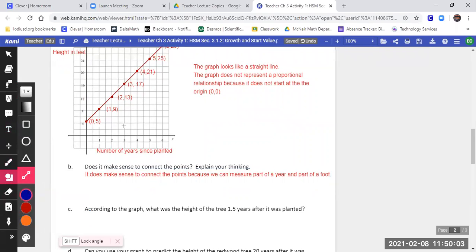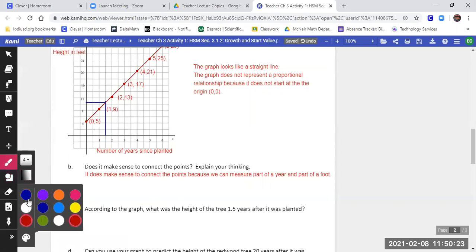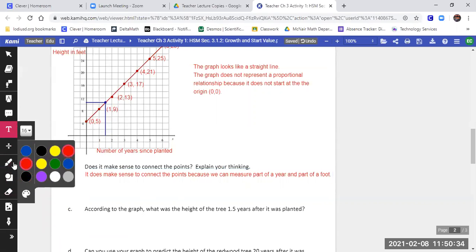I'm going to make it a blue line because I'm going to go 1.5 years up, and I'm going to come over and estimate that new dot, which I'm choosing to make blue so it stands out. We're figuring out about, from the graph, what that new coordinate would be.